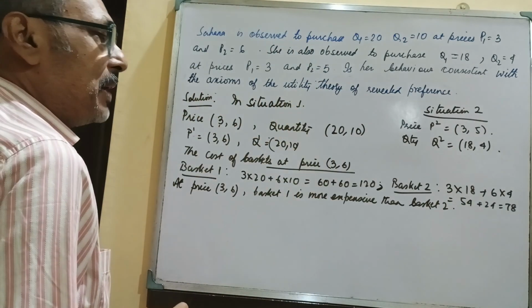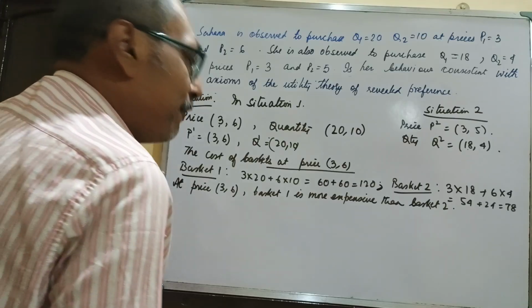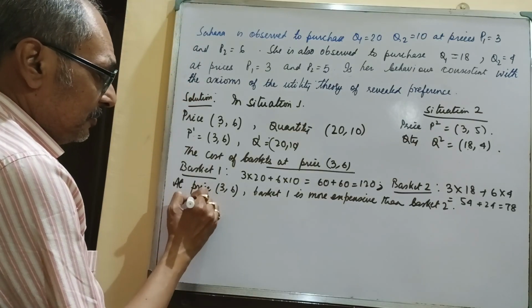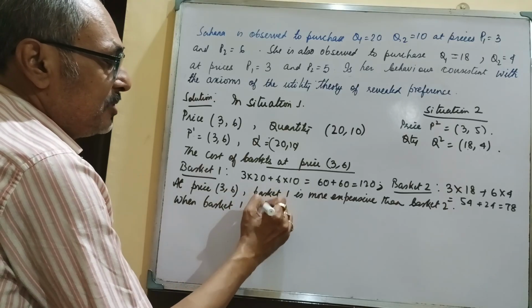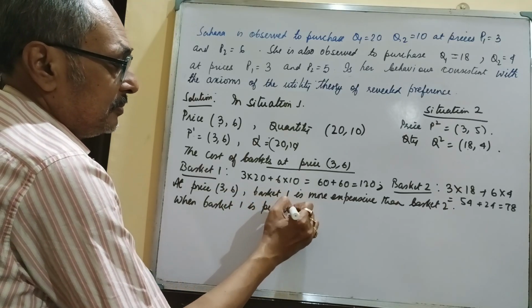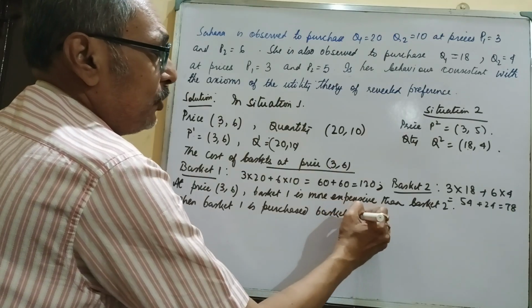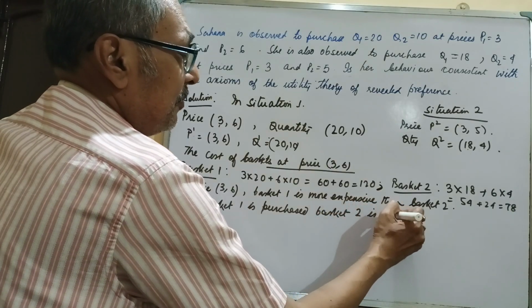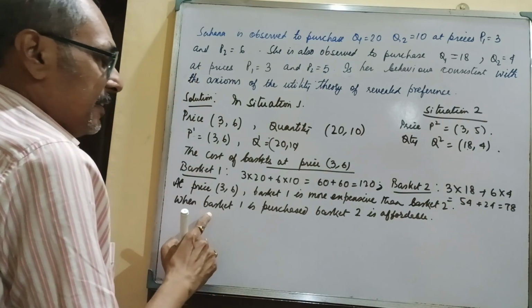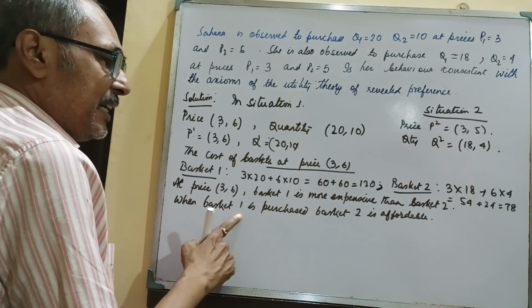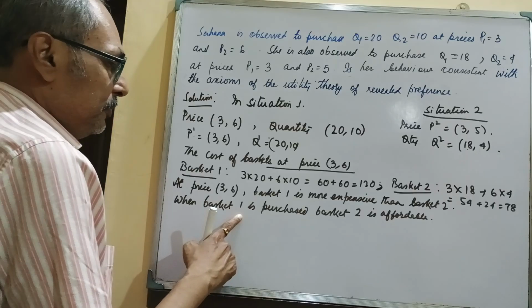That means when basket 1 is purchased, basket 2 is affordable. It means that basket 1 is revealed preferred to basket 2.